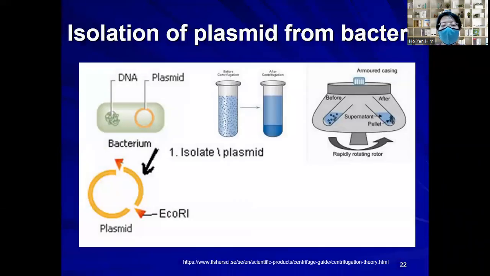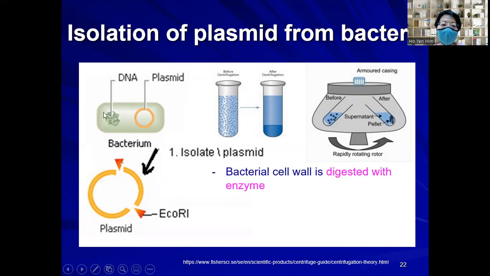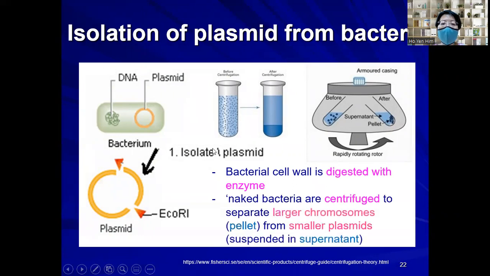Now, in the process of isolating plasmid from the bacteria, I'm going to show you how the plasmid is being isolated. Step number 1, we have to actually hydrolyze the bacterial cell wall using enzyme. So we hydrolyze it away. And then we will centrifuge the solution of bacteria.